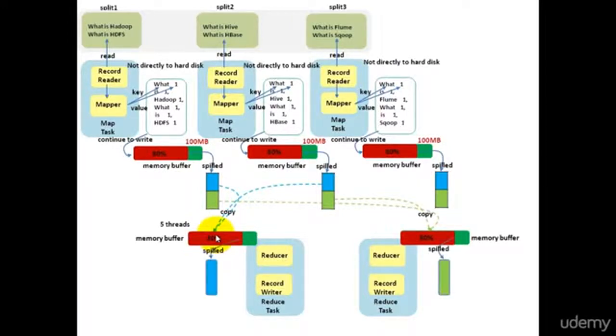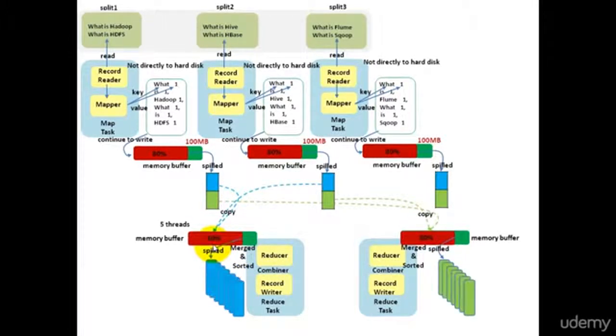When 80% of the buffer is consumed, then the records are spilled to the disk. Before spilling, it is merged and sorted. Again, the combiner function is run here so that fewer records are written to the disk.